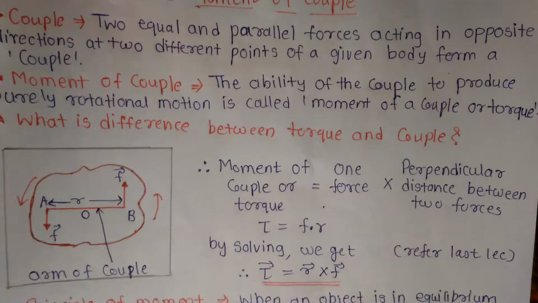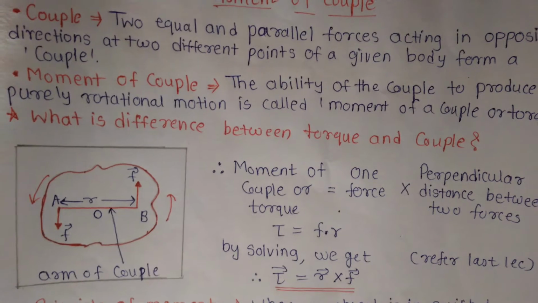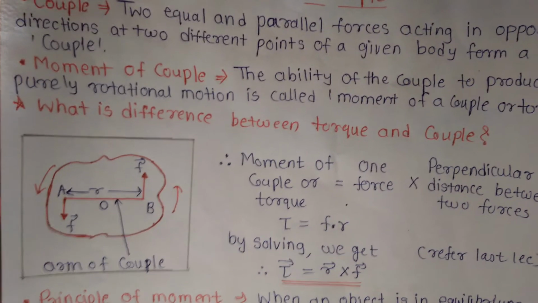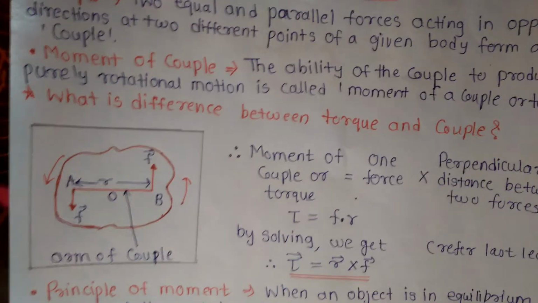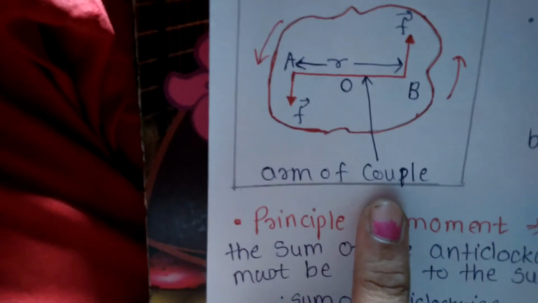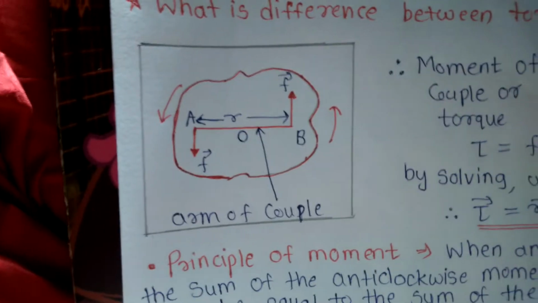The moment of couple is calculated by multiplying the size of one of the forces F by the perpendicular distance between the two forces, r, which is called the arm of couple. This is the same as the formula of moment of force or torque.